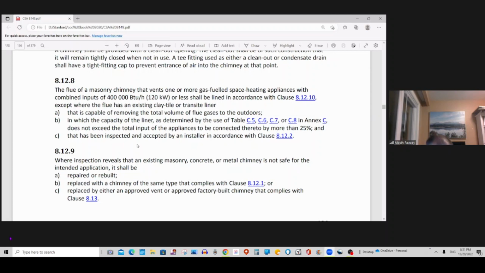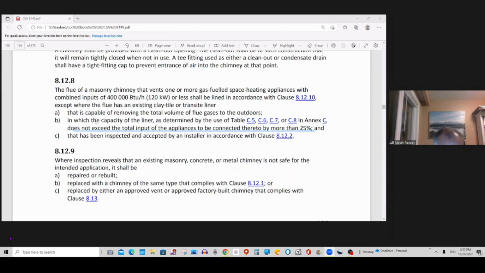Second, if we use those tables C5, C6, C7, C8, it says please do not exceed the total input of the appliances to be connected by more than 25%. It means that when you find the capacity, for example, it should be less than 25% extra of the appliances.